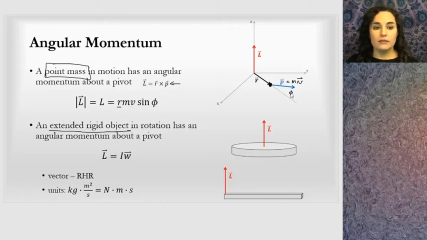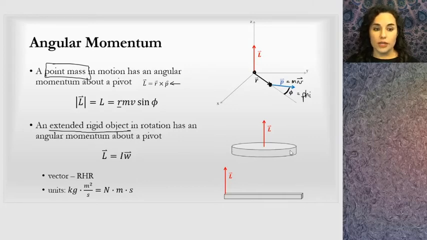And this angle is defined to be between the radius vector and the momentum vector. So you can see that in the diagram here. This is the angle phi. We call this Greek letter phi. So if there's a point mass, that's the equation we use, and we can see that it's moving through space with some radius from some center of motion.